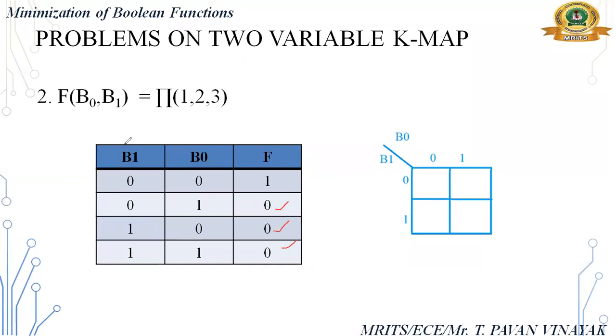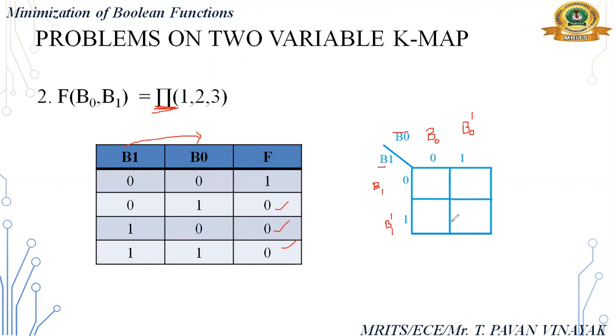Now, in this order only we have to write the map: b1 b0. Now I am given pi. So this 0 means b0, 1 indicates b0 bar. For b1, 0 indicates b1, 1 indicates b1 bar.